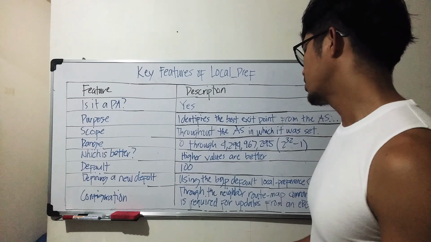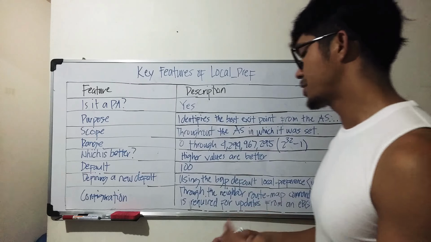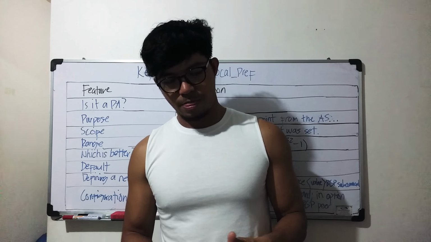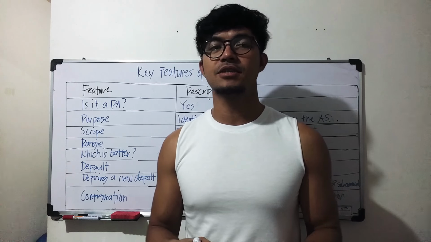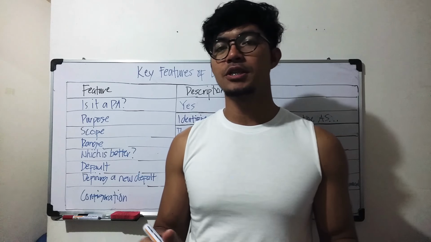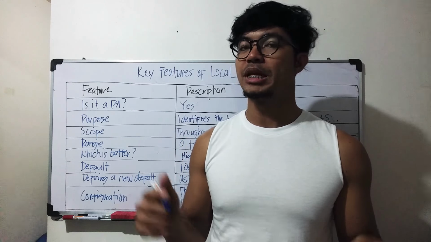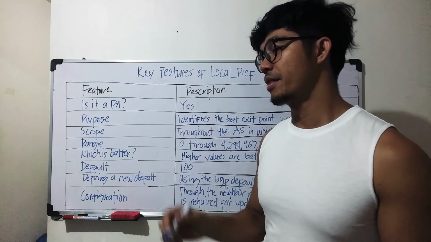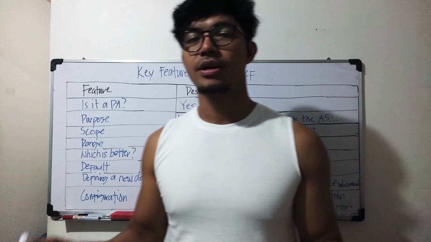So basically, you can configure it using a route map, and of course, before you can, you have to create an access list first to specify the routes that you wanna influence or manipulate, and you create a route map, and then you call that access list, and then you set the local pref.